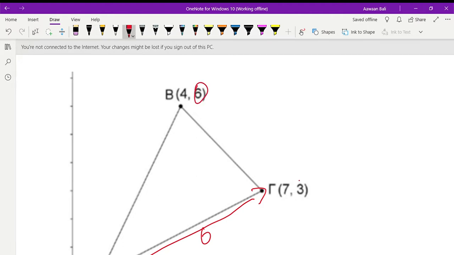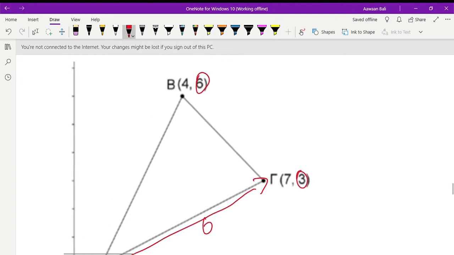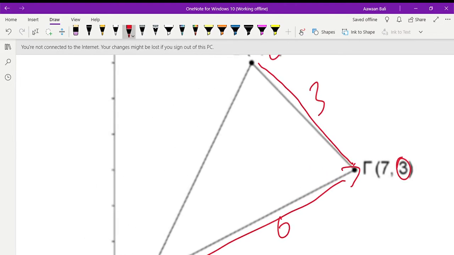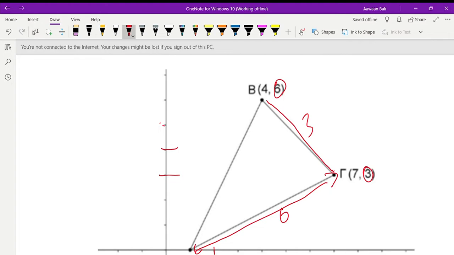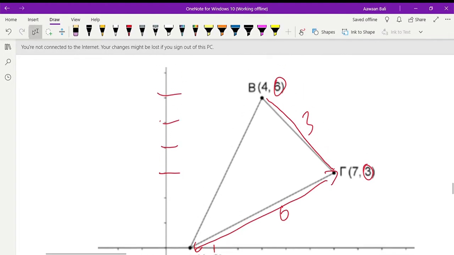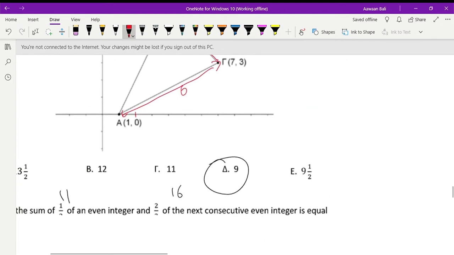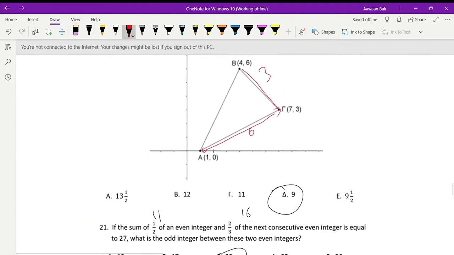We have 6, we have 3. So that means the side has to be 3. You can even check like here: 1, 2, 3, 1, 2, 3. So therefore the answer is basically 6 times 3 divided by 2. Now 6 times 3 is 18, half of 18 is 9. So therefore the answer is delta, 9.